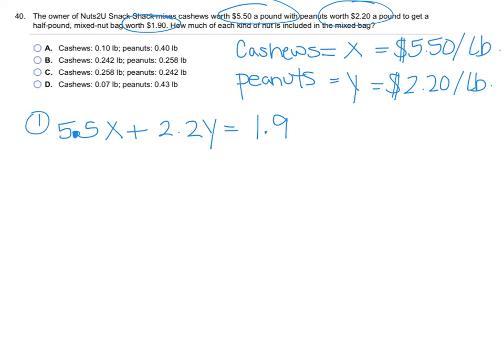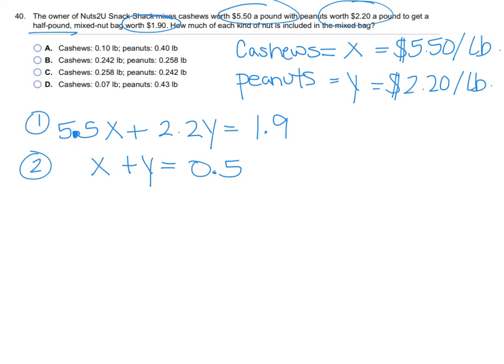That's my first equation. My second equation is going to deal with the weights. This will be x plus y equals half a pound, or 0.5. And that's because I'm told that the mixture of cashews and peanuts together equal half a pound to get that mixed bag worth $1.90. Alright, so these are my two equations.